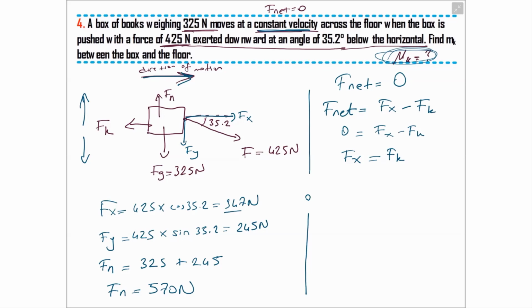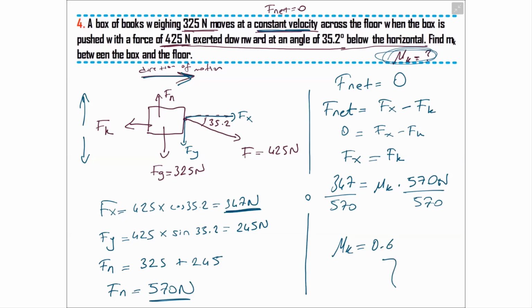And we have calculated Fx, which is 347, equal to Fk. The Fk formula is mu k times Fn, and the Fn is 570 Newton. If we divide both sides by 570, mu k is going to be 0.6. That's all. There is no unit for the friction coefficient. Thanks for listening.